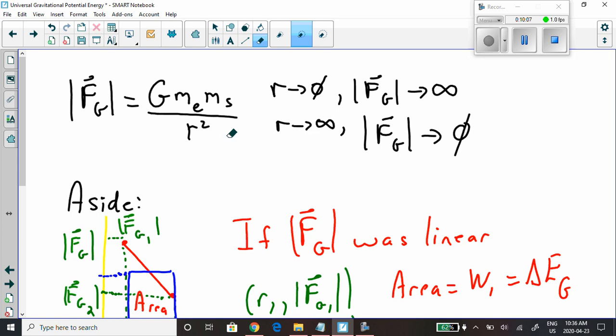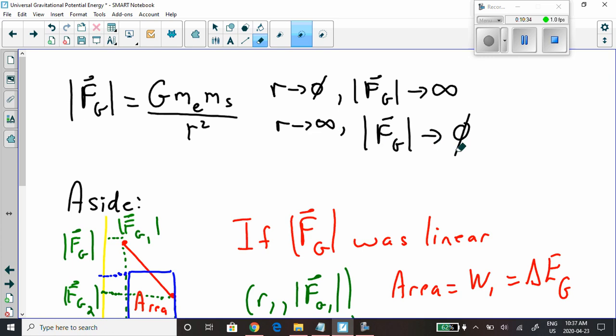So as r approaches 0, so as the denominator approaches 0, the force of gravity approaches infinity, which makes sense. The closer two celestial bodies are to each other, the stronger the gravitational force between them. Next, as r approaches infinity, as the denominator approaches infinity, the force of gravity between them approaches 0.